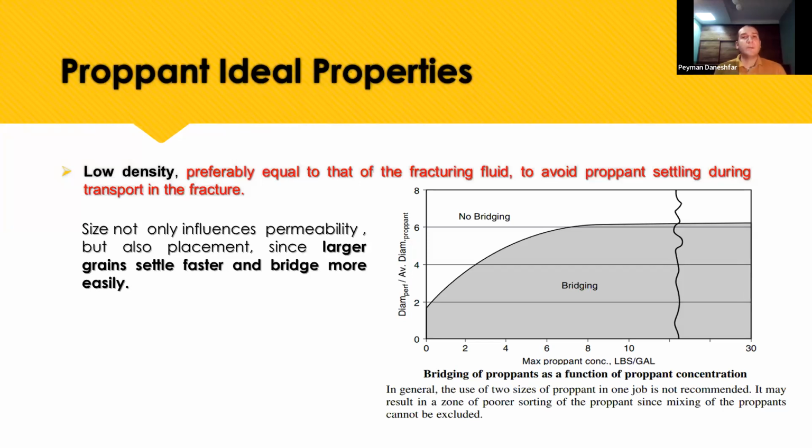You know, when the proppant settles during transport in the fracture or plugs the perforations, it is expressed as a proppant screen out problem. Okay, so because of this, we should use some low density proppant to prevent the occurrence of screen out.